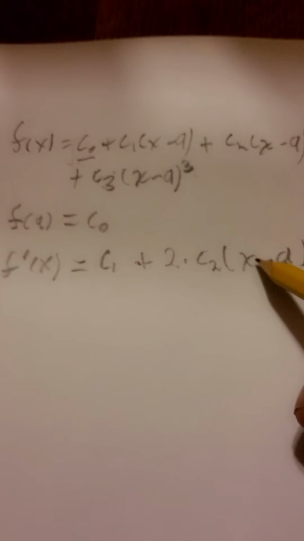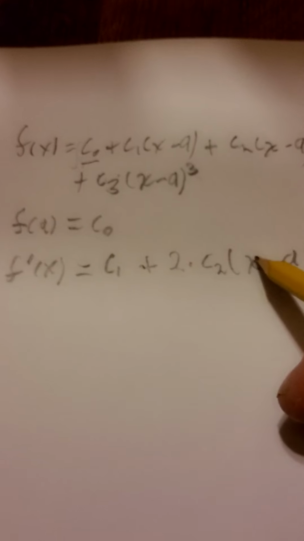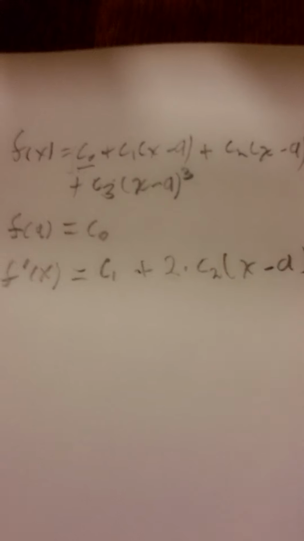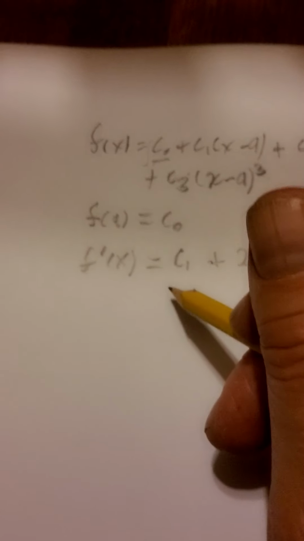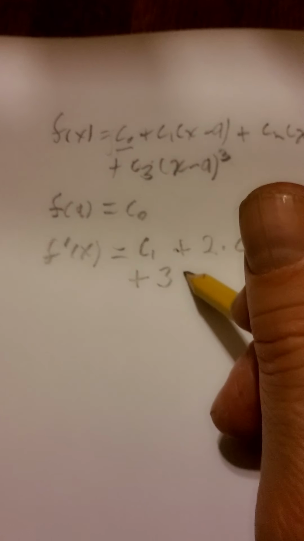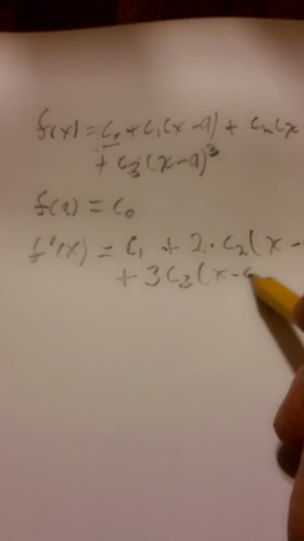If you use the chain rule, think about it. You set u equal to x minus a, du dx is just going to be 1. So you just be multiplying by 1 each time if you use du. Okay, so plus 3c3 x minus a quantity squared.